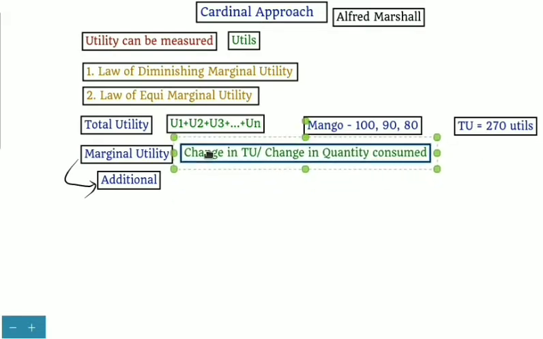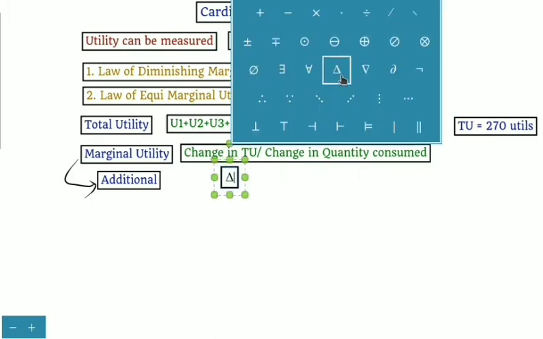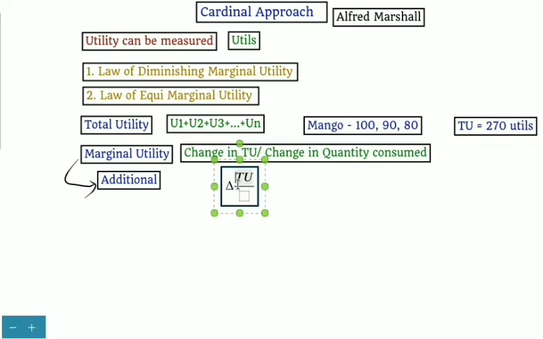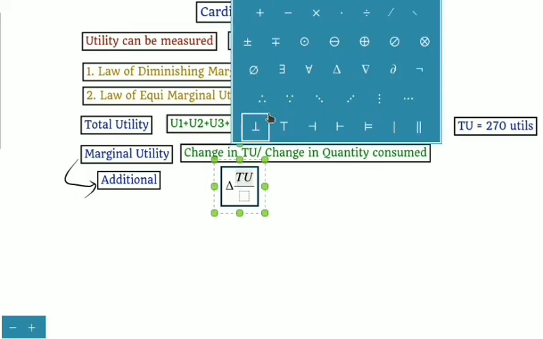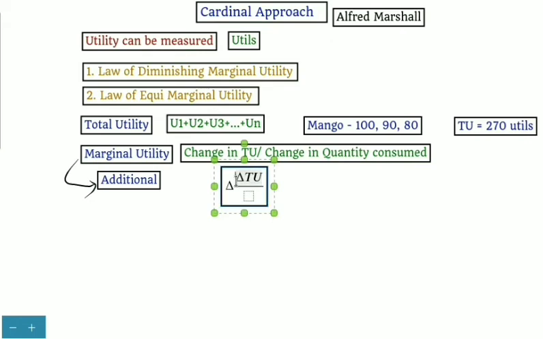So when we increase the utility by consuming one more good, we measure it as the marginal utility. It is given by the formula delta TU by delta X.